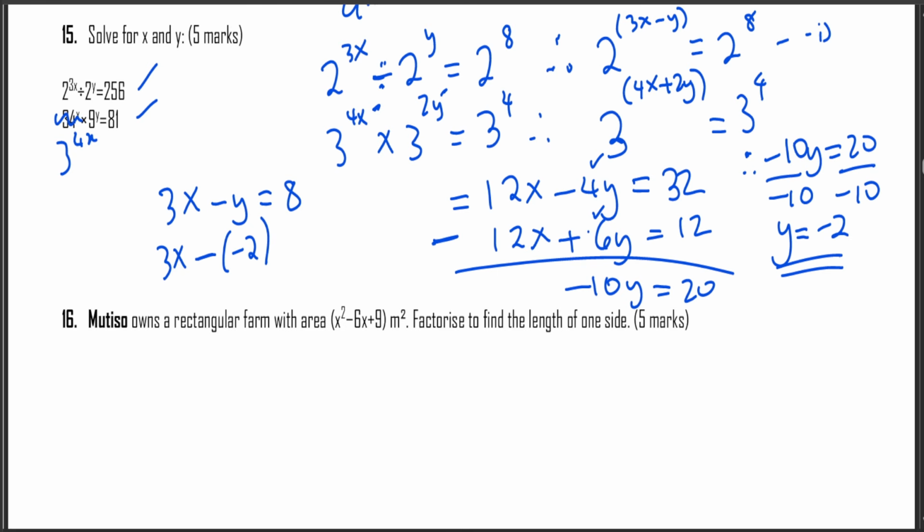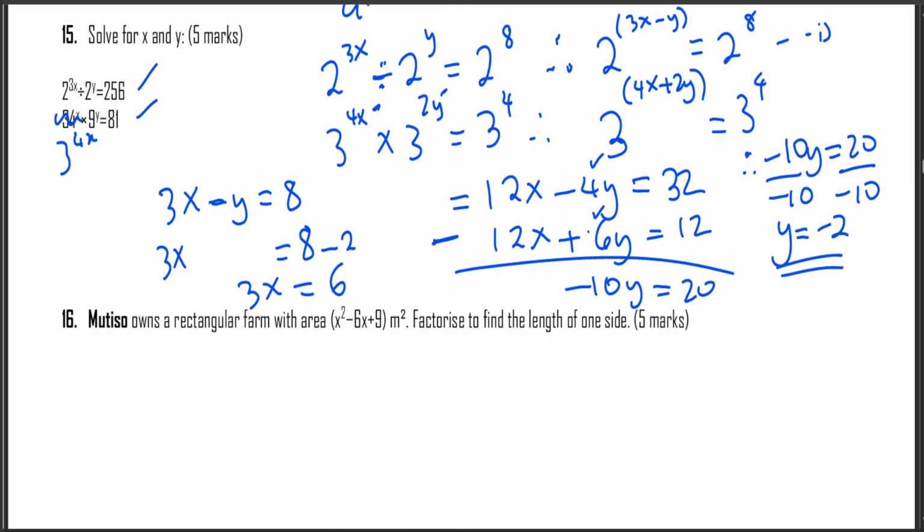Remember, our y is negative 2, but the sign behind it wasn't removed. It's still there. So it's equal to 8. So minus minus becomes plus. So it's going to become 3x plus 2. And if you push 2 to the other side, it's going to be minus 2. So it'll remain with 3x equal to 8 minus 2. So 3x is equal to 6.